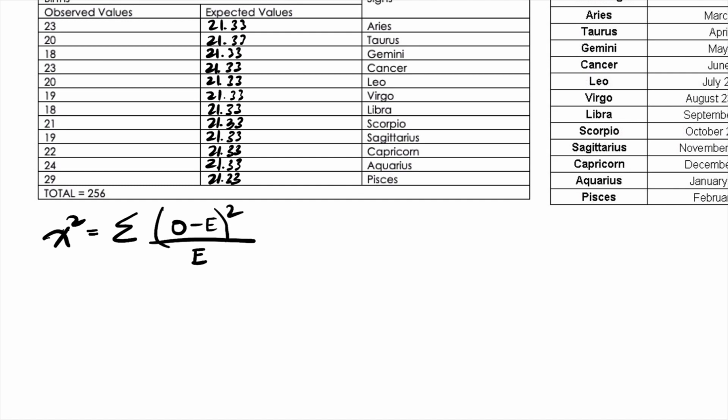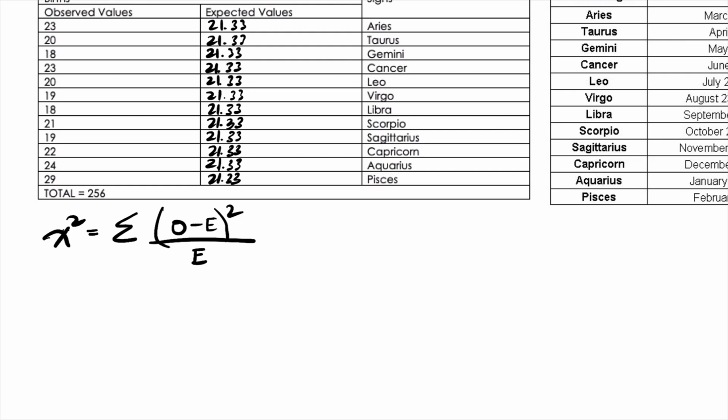We're going to do that for each one of the 12. So the first one would be 23 minus 21.33 squared divided by 21.33.